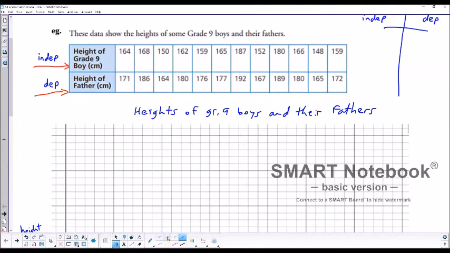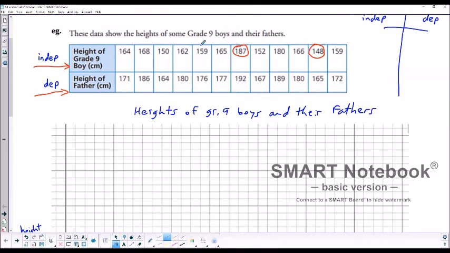Okay, so the important thing is we want to see, first of all, what's the lowest value in the top row, for the independent values, and I see here it's 148. And then we want to see what the highest value is, and I see the highest value is 187.